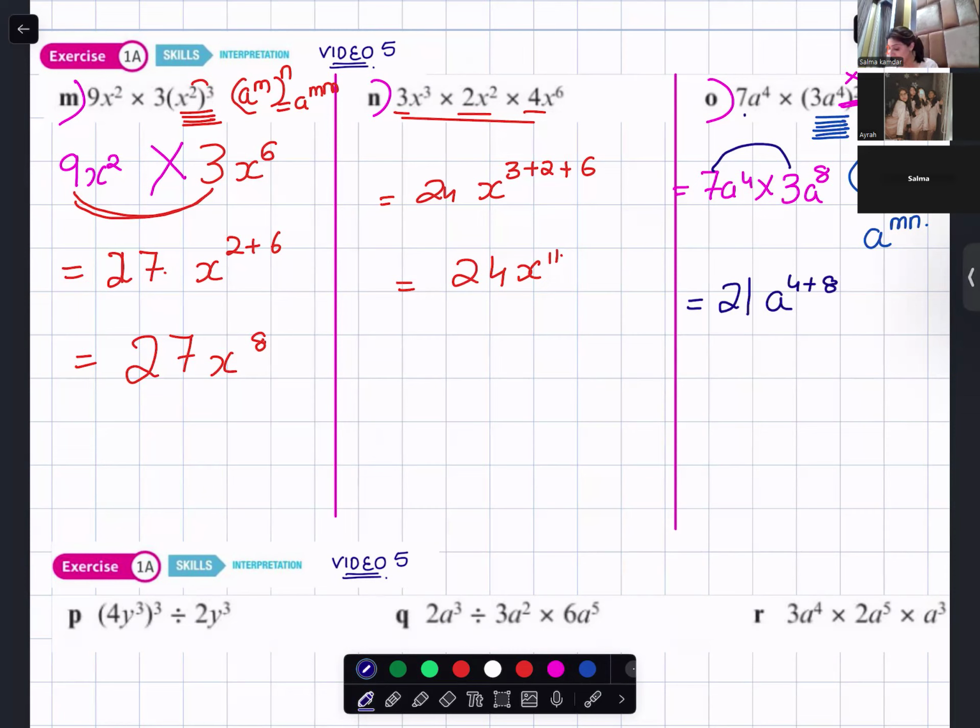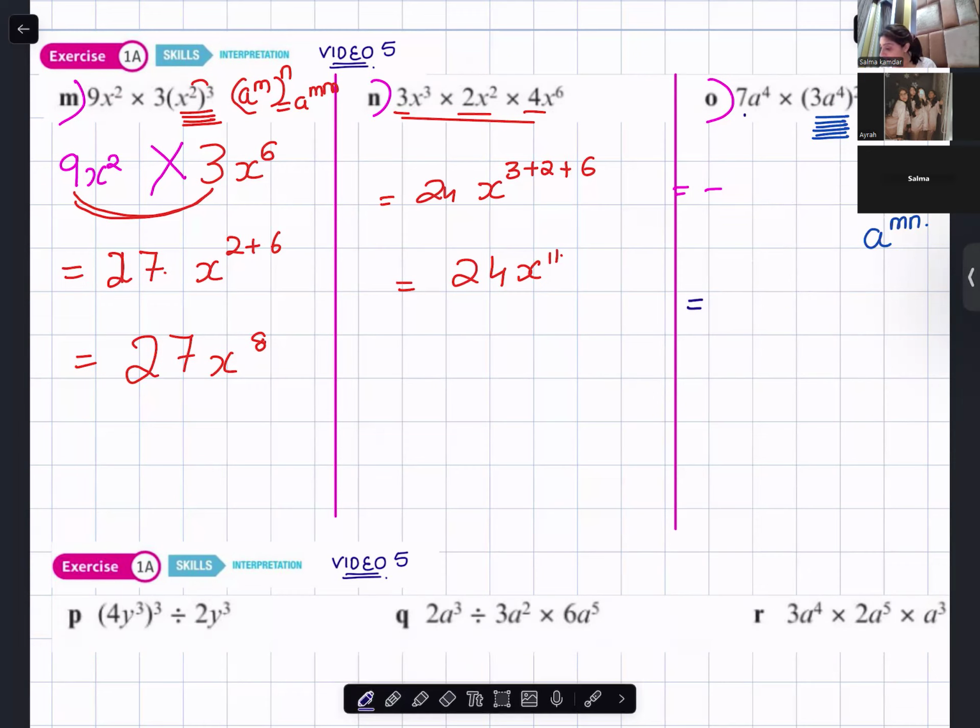Okay, there's a mistake we did over here. The square would go to both the places. Square would go to 3 also, and the square would go to 4 also.